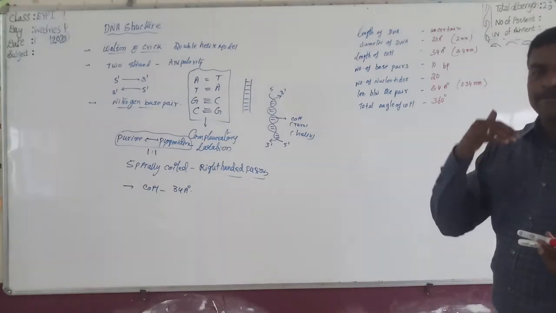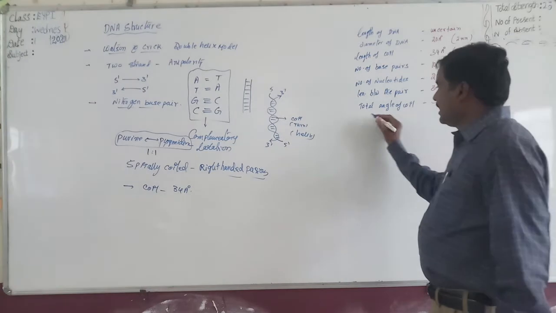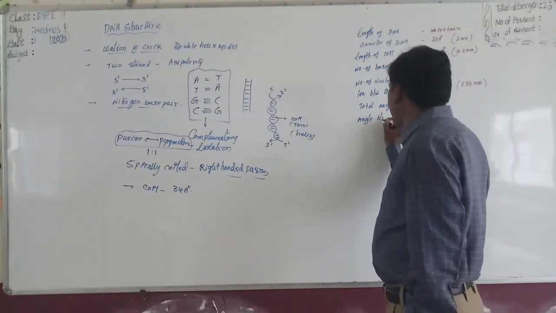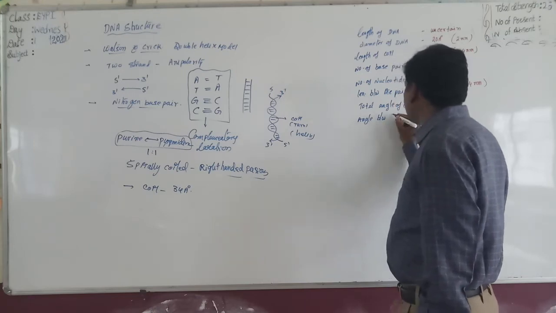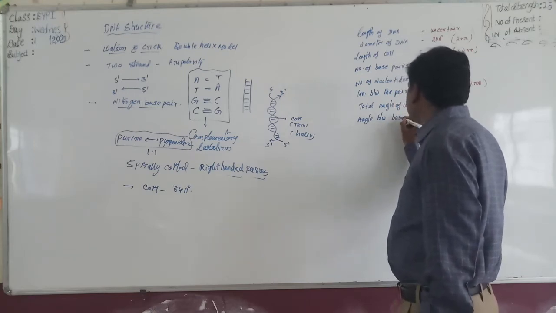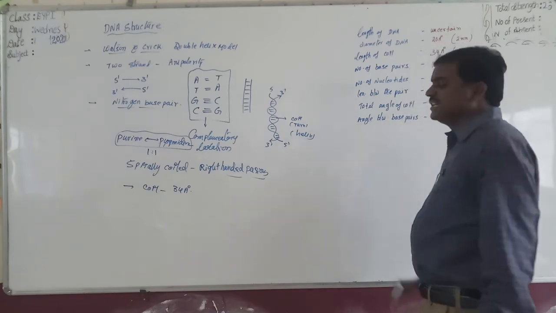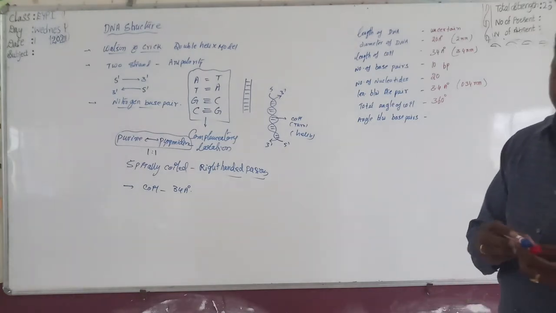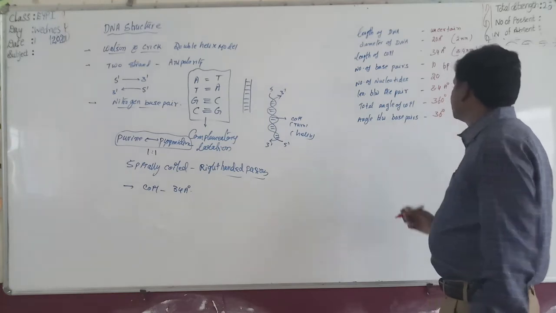But what is the angle between the successive base pairs? There are total 10 base pairs. Total angle is 360 degrees. 360 divided by 10 is equal to 36 degrees.